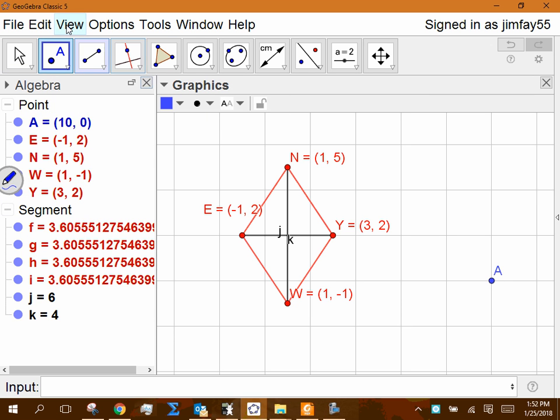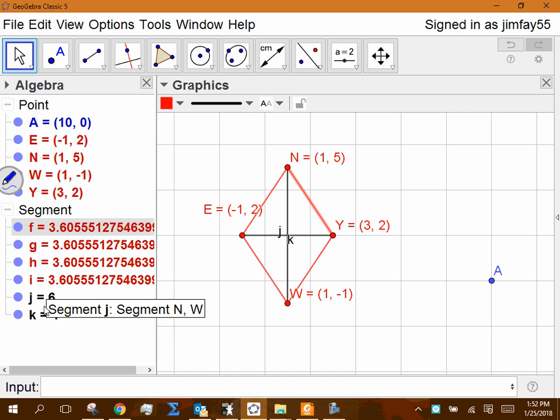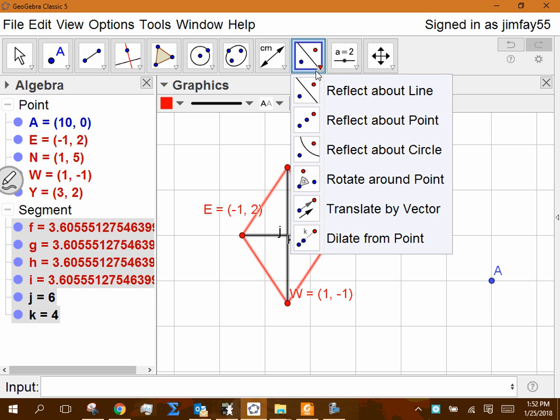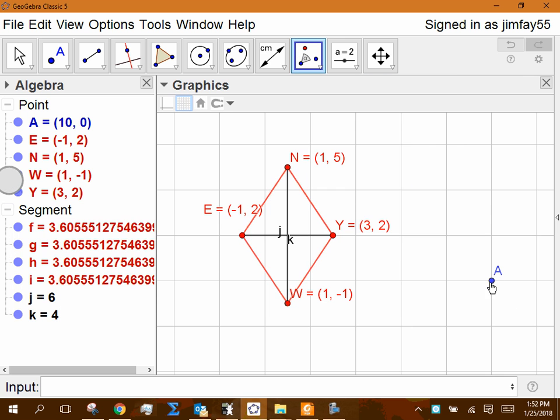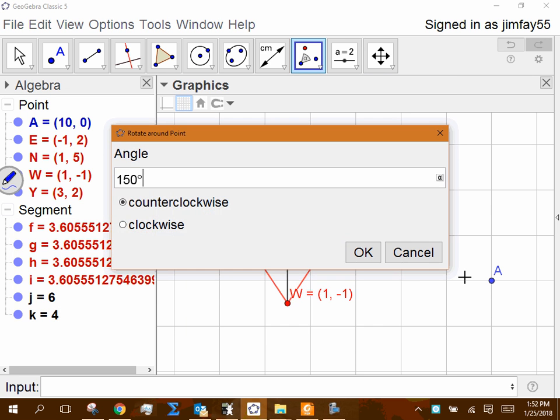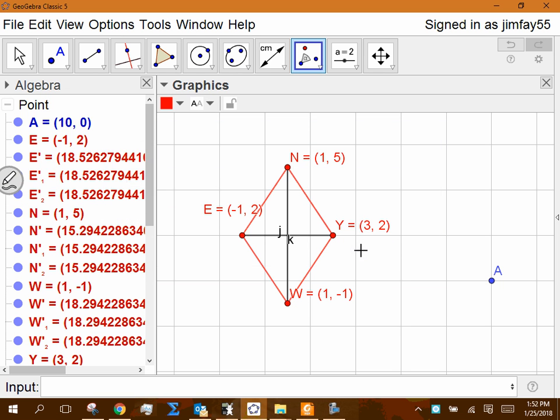Put that point there, and let me take all these segments and rotate them around that point. Actually, I think I got to do it this way. That stuff about that point, 150 degrees will work.